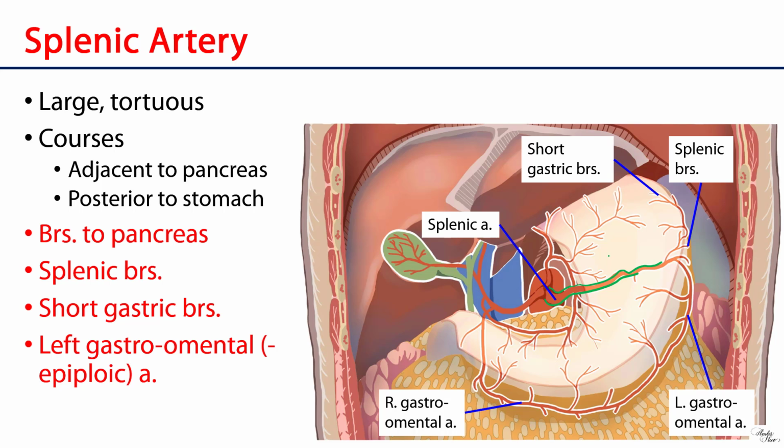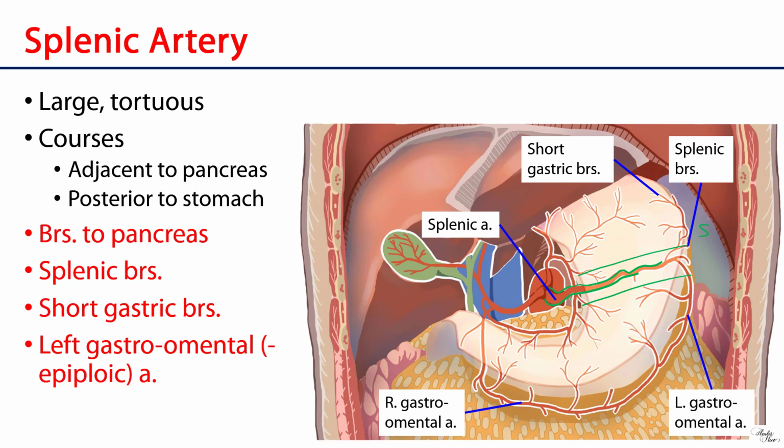It's going to run either adjacent to or through the pancreas on the way out to the spleen. And a large part of this artery is going to run posterior to the stomach, as we can see here.